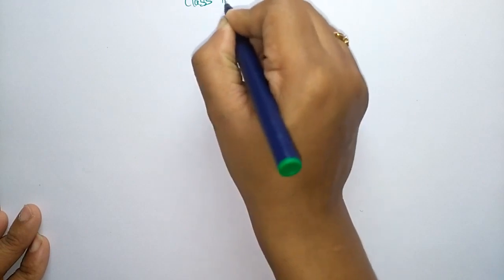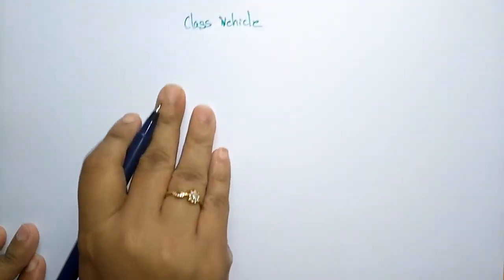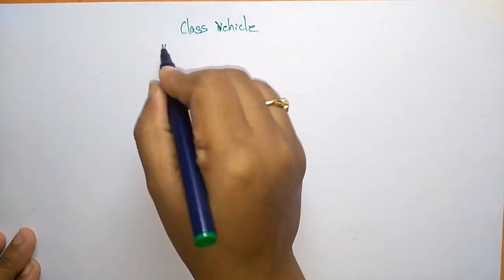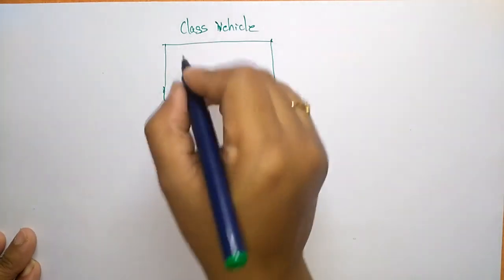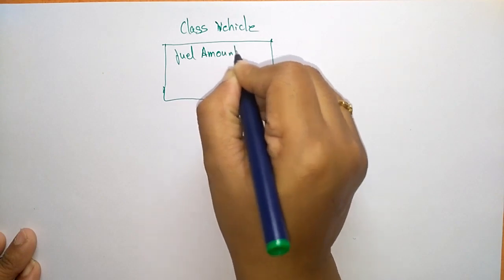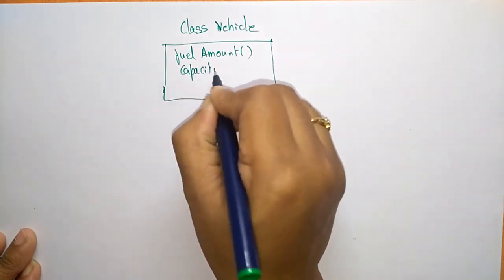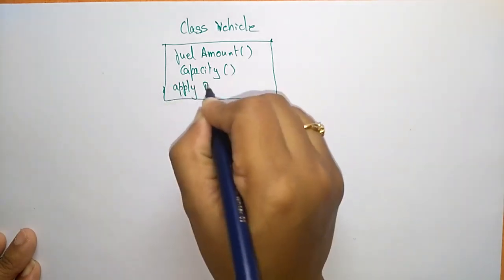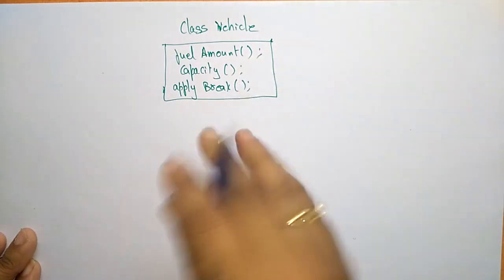So with inheritance for this problem, I am taking class vehicle. Vehicle is the base class. In the base class I am writing fuel amount, capacity, and apply brakes. Only in the base class I am writing these functions.